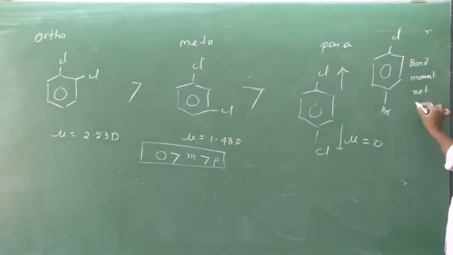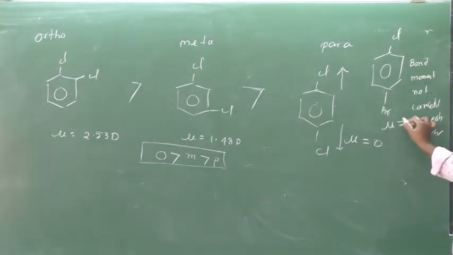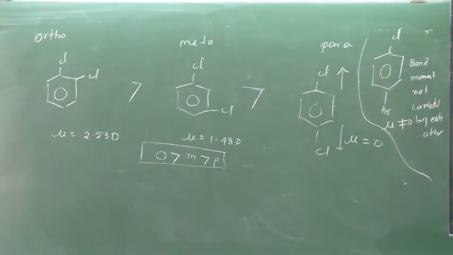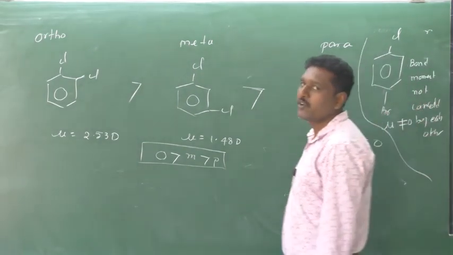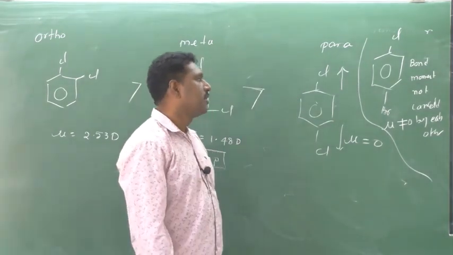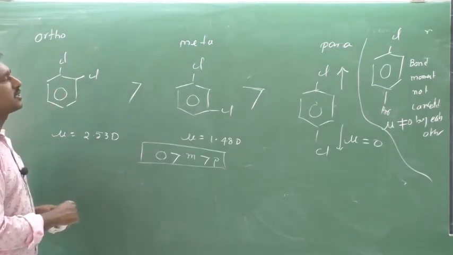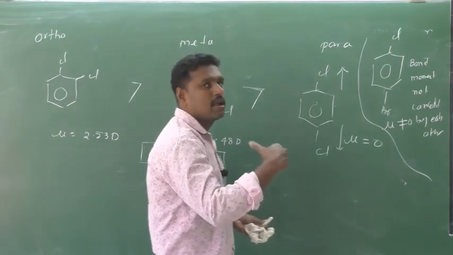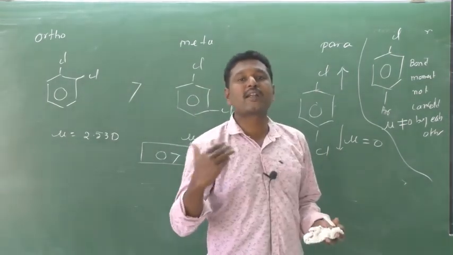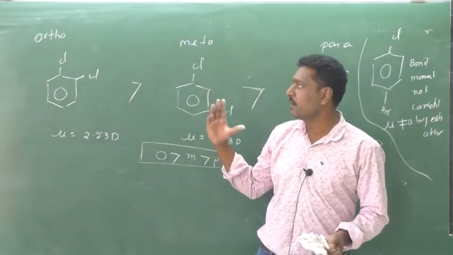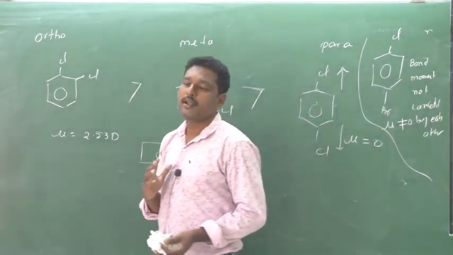Therefore mu is not equal to 0 in the case of chloro bromo benzene. 1-chloro-4-bromobenzene has a dipole moment. Like this we can confirm which one has more polarity and which one has less, by the dipole moment.